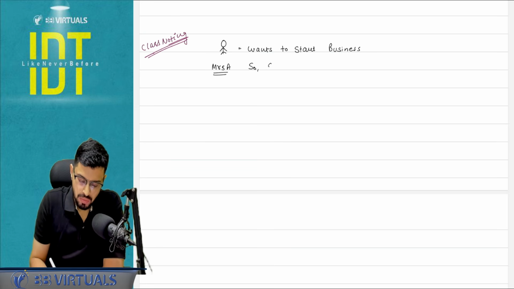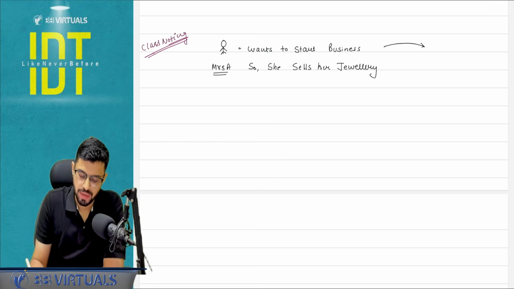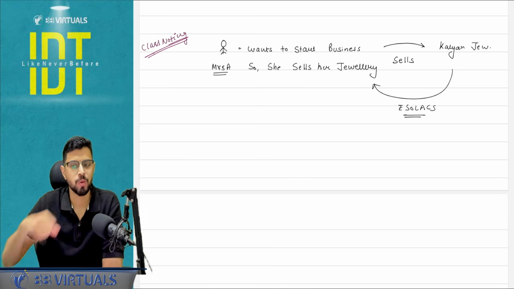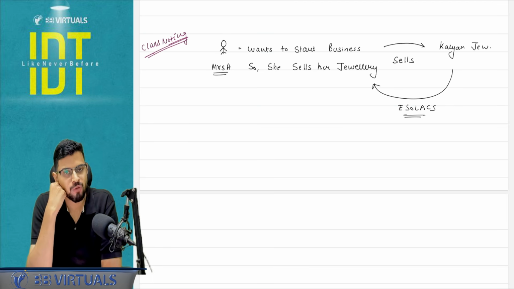So she sells her jewelry. She goes to a jeweler, let's say Kalyan Jewelers, and she sells it for, let's say, 50 lakh rupees. My simple question to you, can Nirmala Tai ask for GST on the sale of goods?